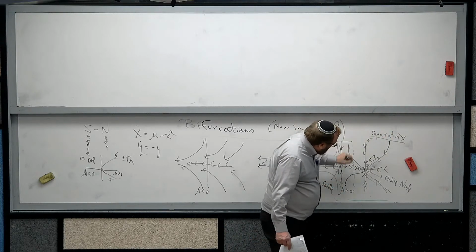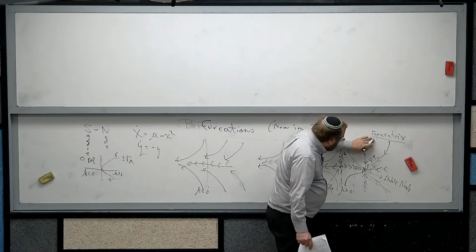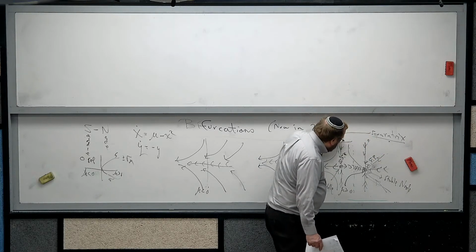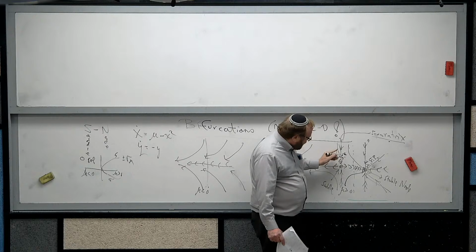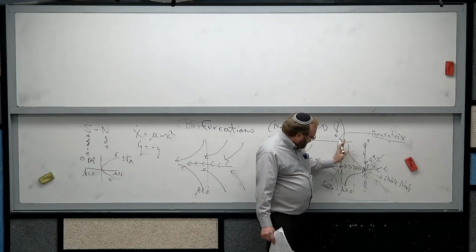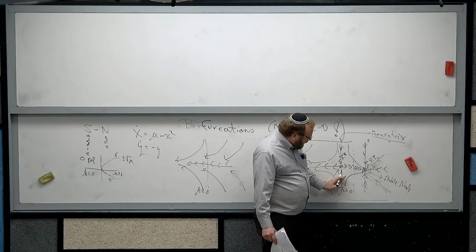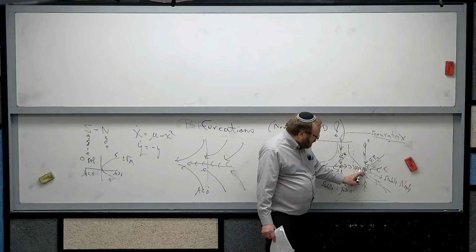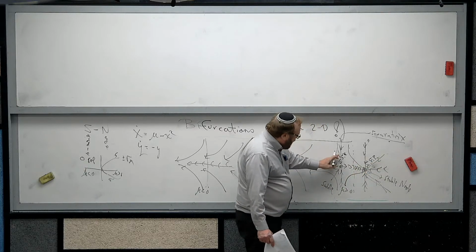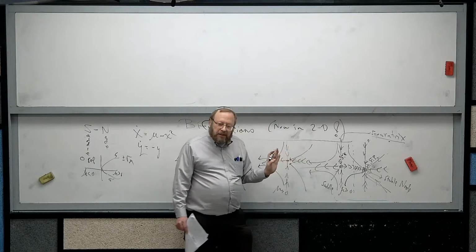Excuse me, it's this. The separatrix is here, right? Because anything that starts to the right of x equals minus square root of mu goes to the stable fixed point from the left to right, and anything to the left of it goes off to minus infinity.